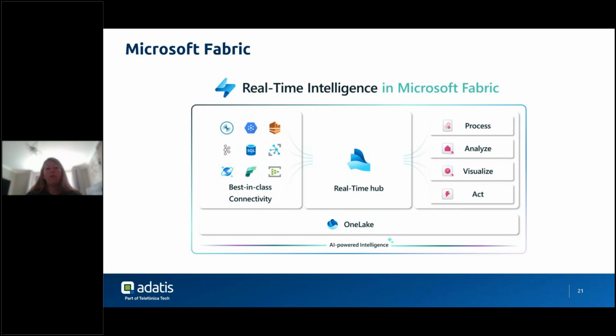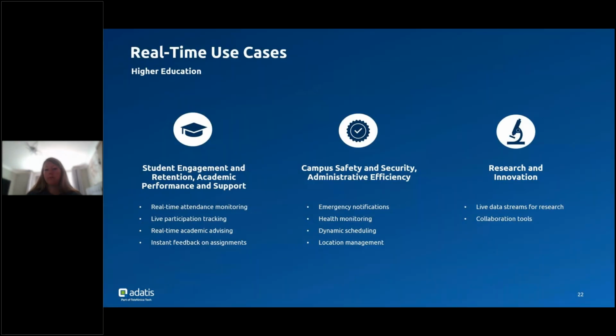We're going to start off with the higher education industry and focus on a couple of these individually to go into a bit more detail on how they can leverage their real-time data to make data-driven decisions. You've obviously got student engagement and retention. So you can have real-time attendance monitoring and live participation tracking.